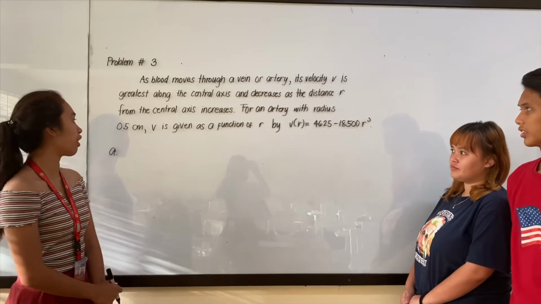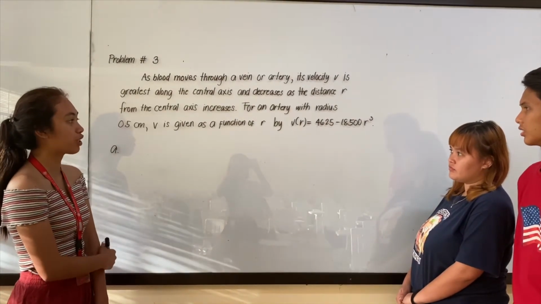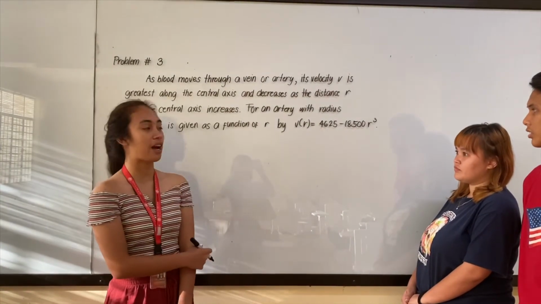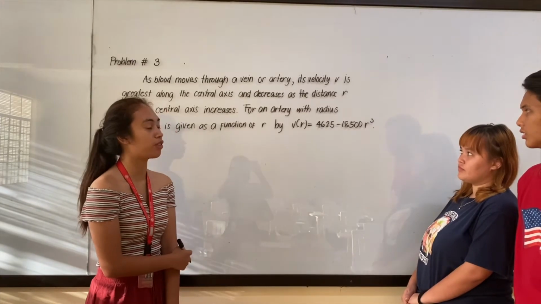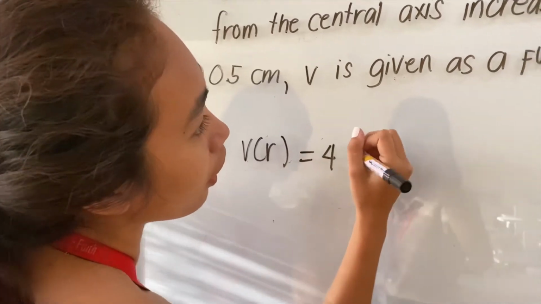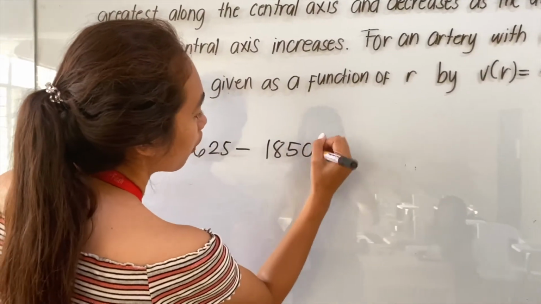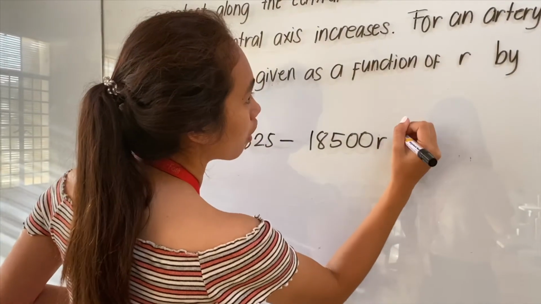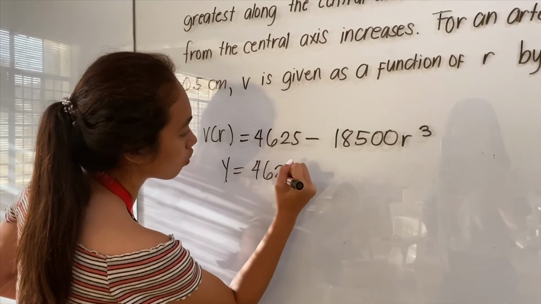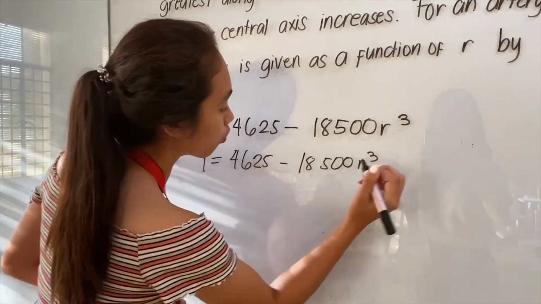For an artery with radius 0.5 centimeters, V is given as a function of r by V of r equal to 4625 minus 18,500 r cubed. So y is equal to 4625 minus 18,500 r cubed.